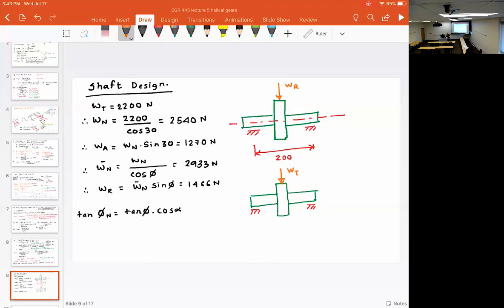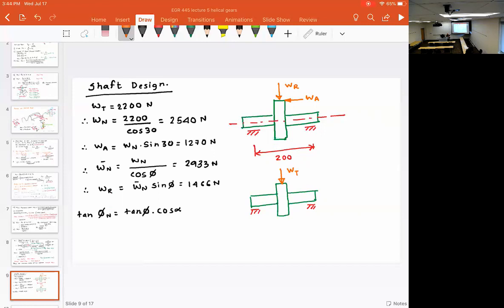For example, if you have the gear pair on top of each other, then you can assume Wa to be like this. So everybody understood the loading diagram that I have shown here?